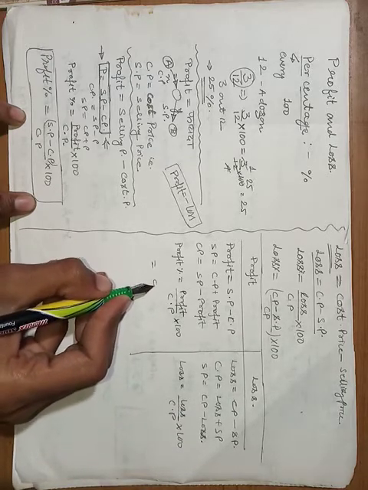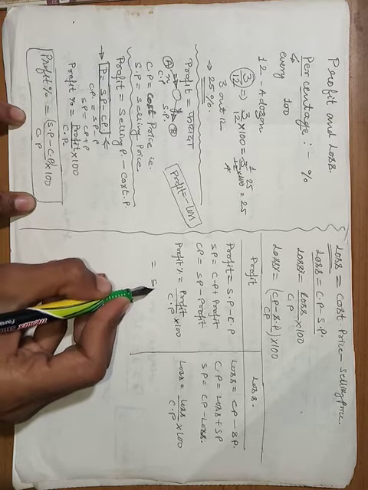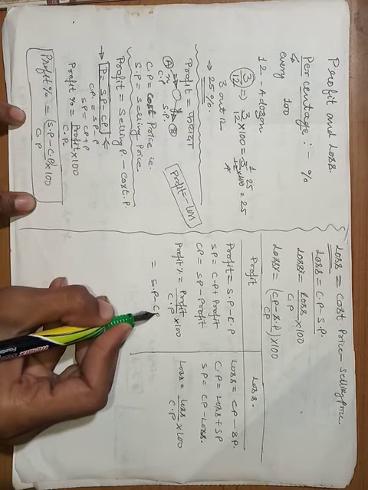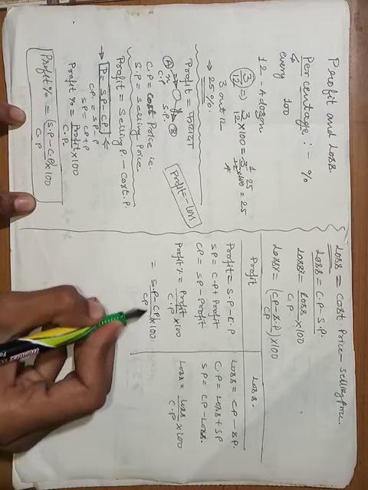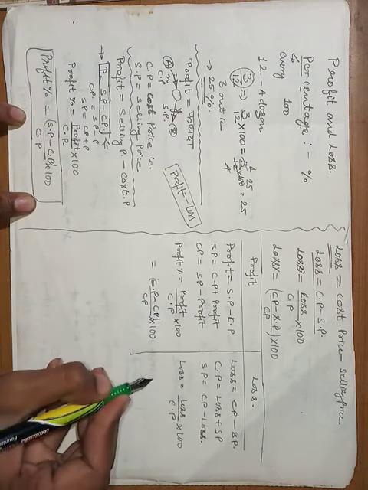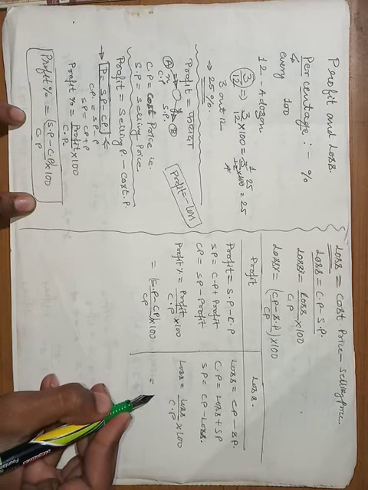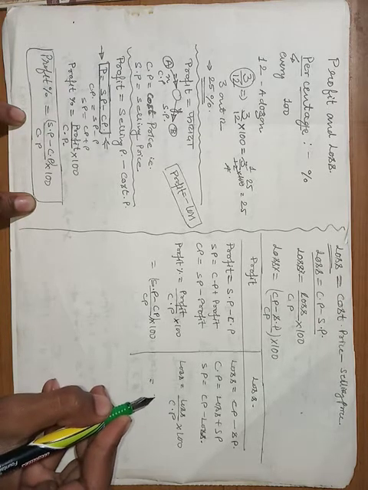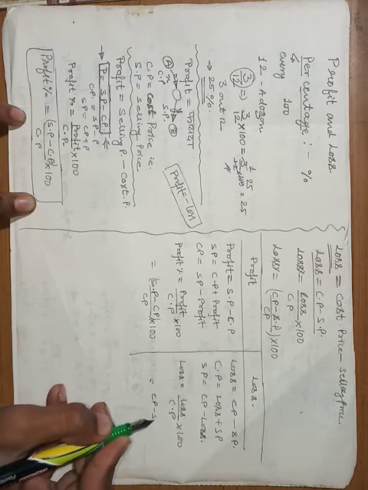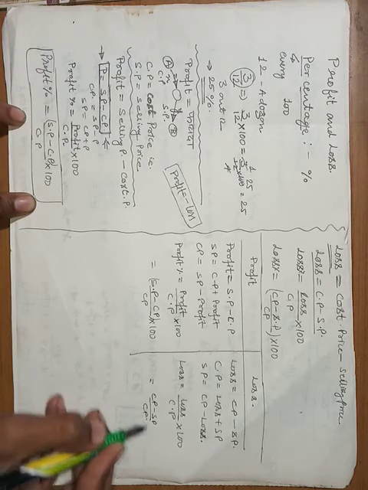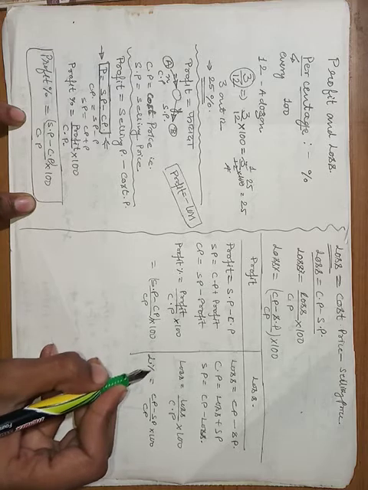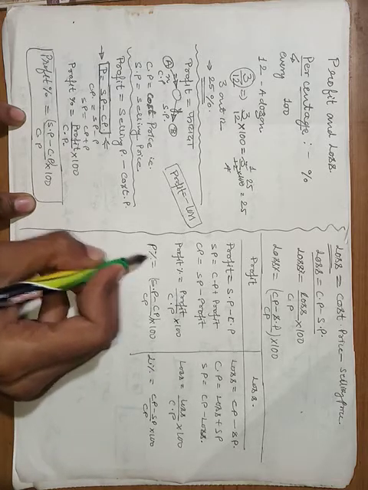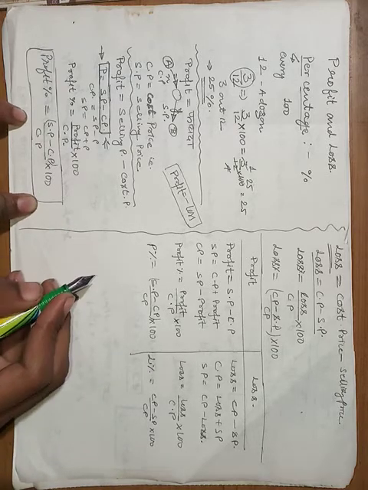Profit is SP minus CP upon CP into 100, and here it can be CP minus SP upon CP into 100. यहाँ से you can find out loss percentage, here profit percentage.